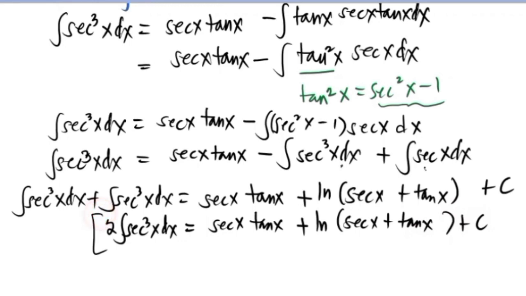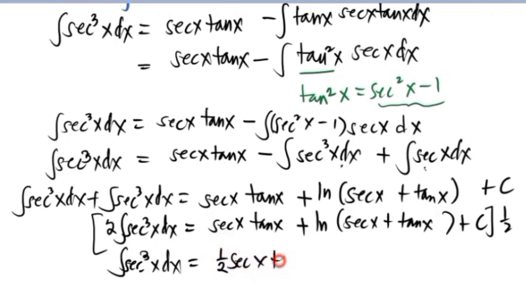We divide everything by 2 or we multiply 1/2. So therefore we have here secant cube x dx is equal to 1/2 secant x tangent x plus 1/2 ln of secant x plus tangent x plus c.